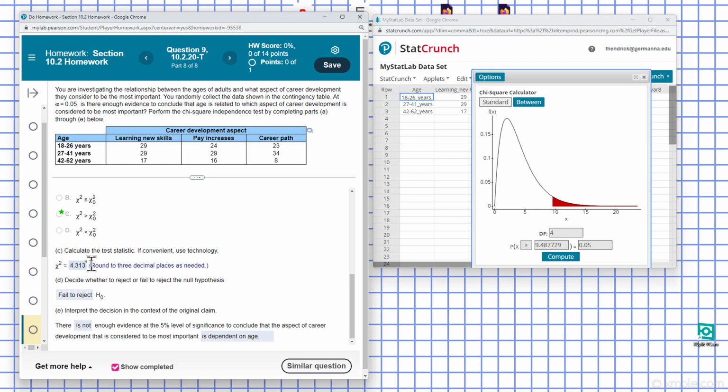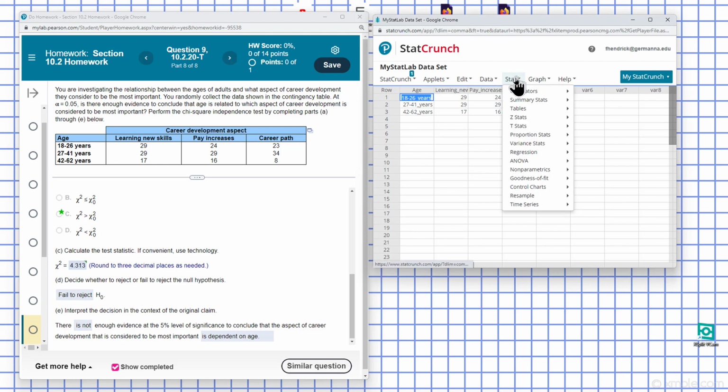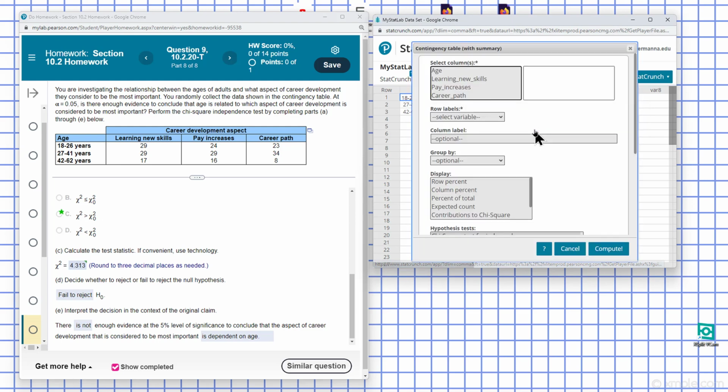So now we go ahead and find that test statistic. Stat, Tables, Contingency, With Summary data here. Select the columns.